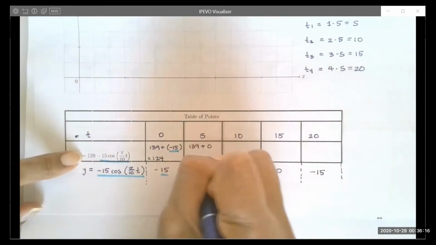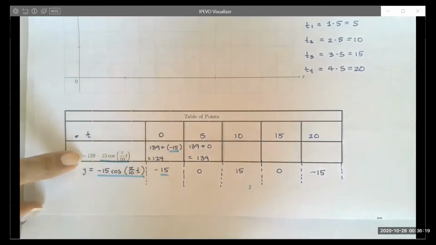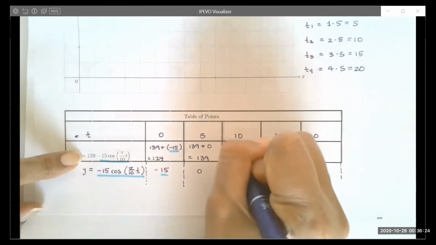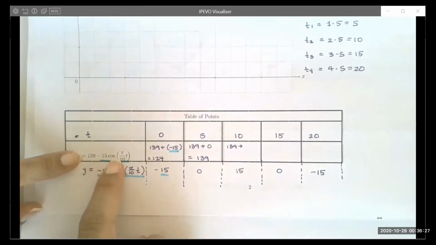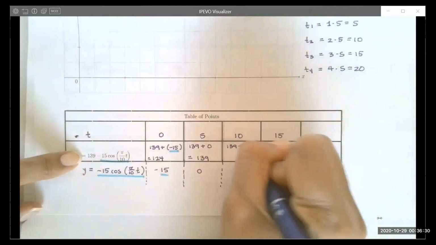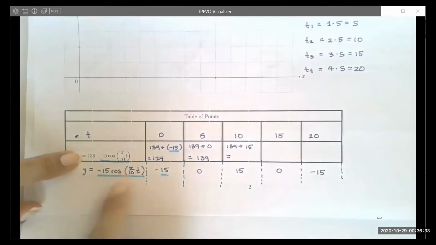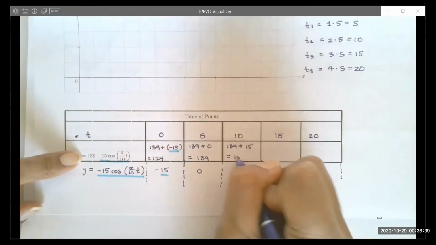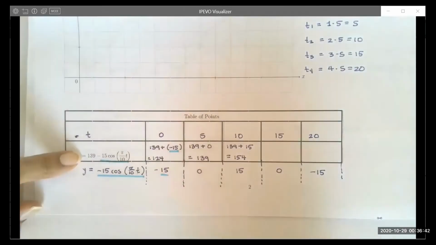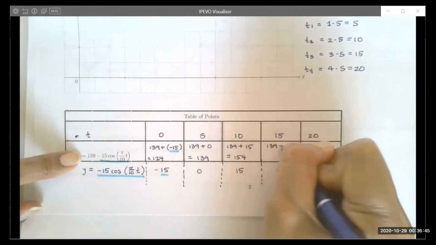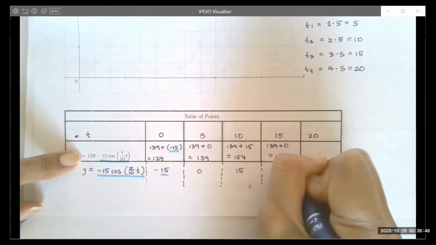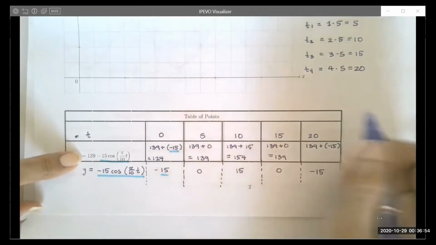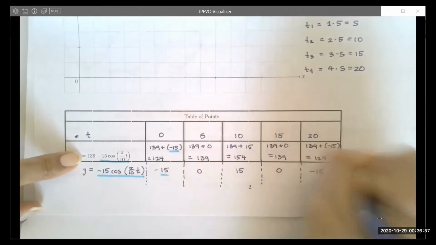So we get 139. Then for the next one, we take the constant, 139, and add to it what we got, which was 15. And that means that we get 154. Next one will be 139 plus 0, so that'll be just 139. And then 139 plus negative 15 again, so we'll get 124.